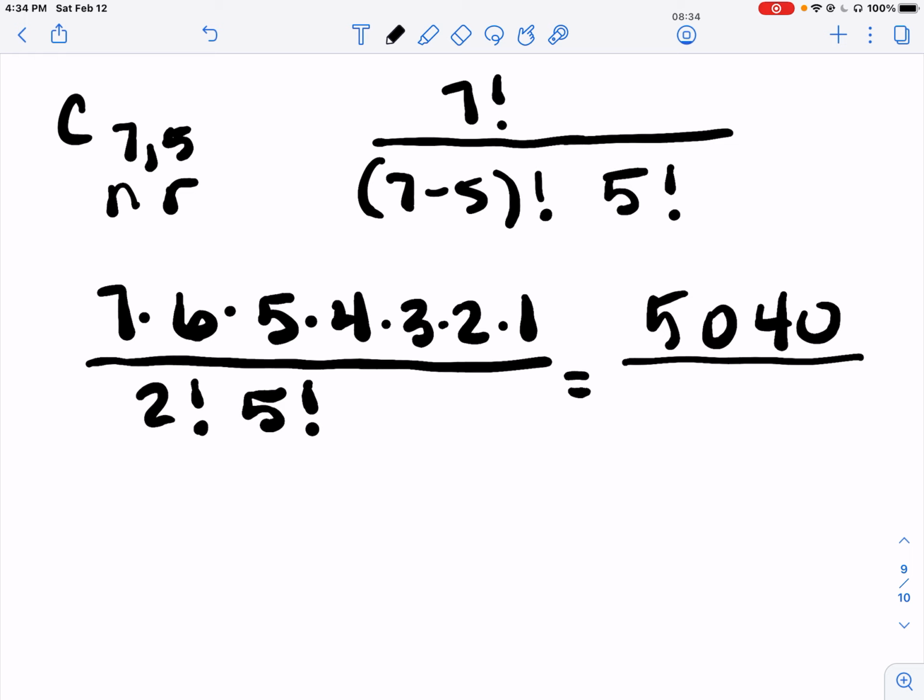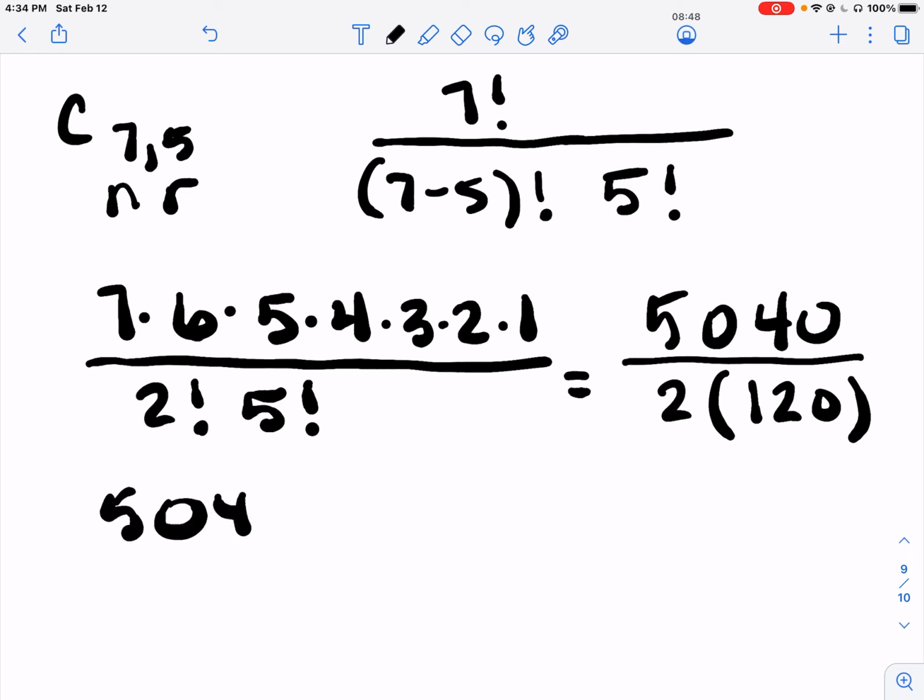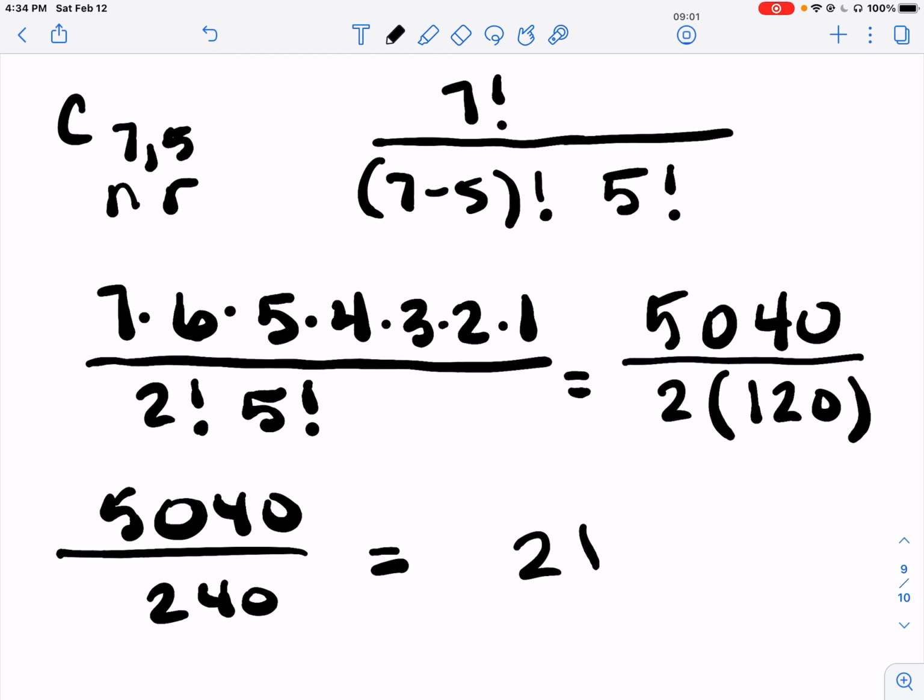Okay, 2 factorial is just 2 times 1. And 5 factorial is 5 times 4 times 3 times 2 times 1. So we have 5040 divided by 240. And that equals 21.